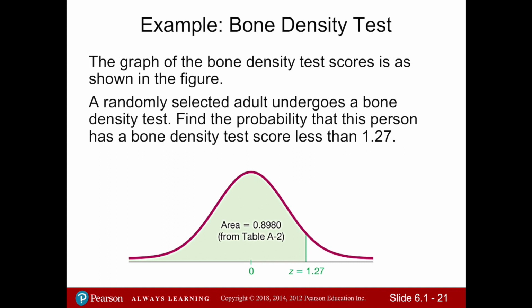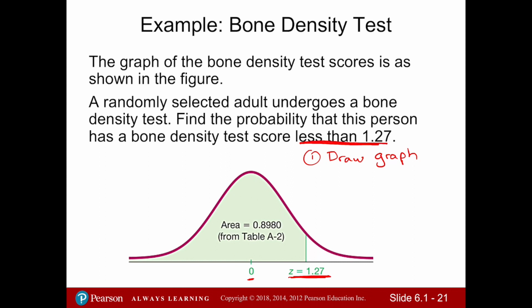The first thing we want to do is draw the graph, where we have the mean of 0, and we draw the curve. We plot our z-score somewhere on that number line, and then shade in based on what the problem tells us.